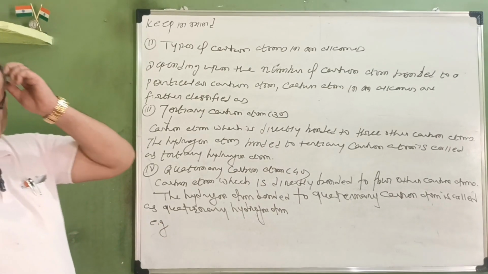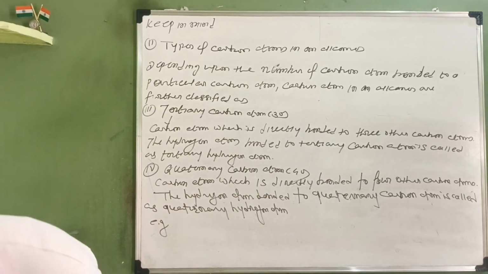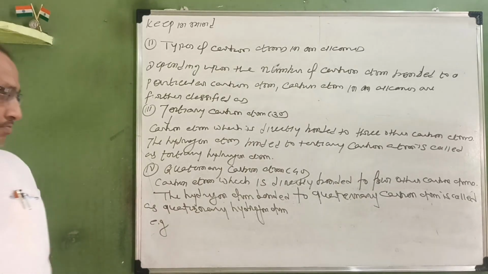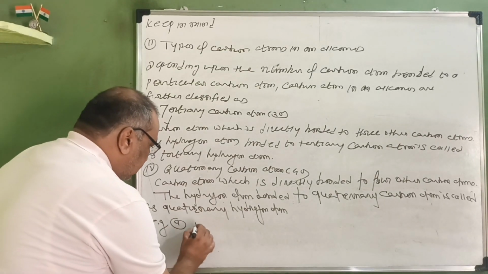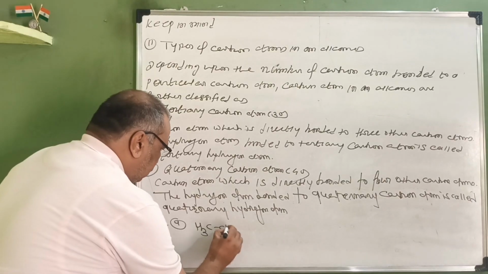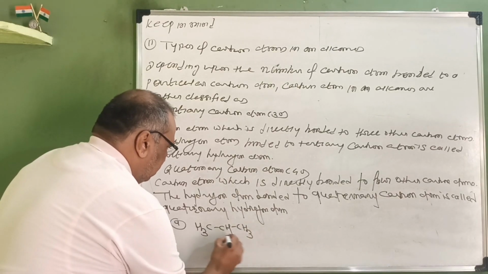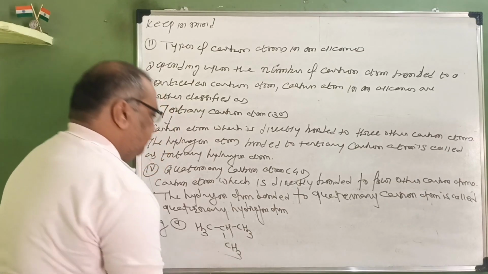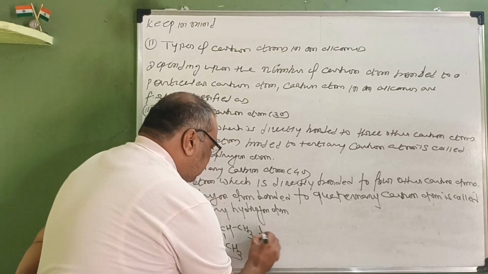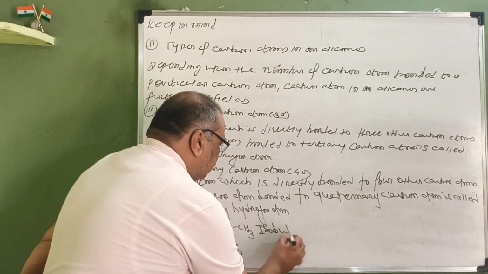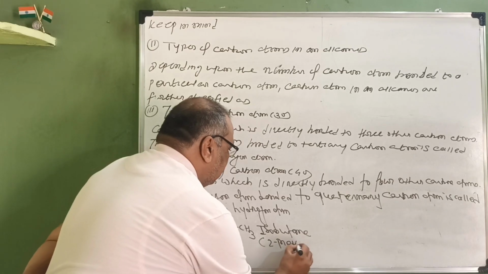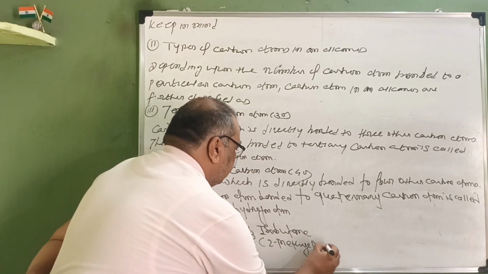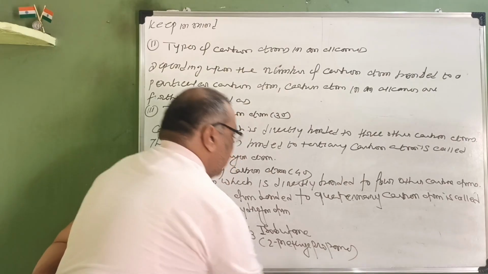Example: first, isobutane, common name is isobutane and IUPAC name is 2-methyl-propane.